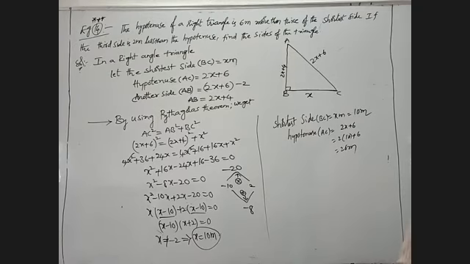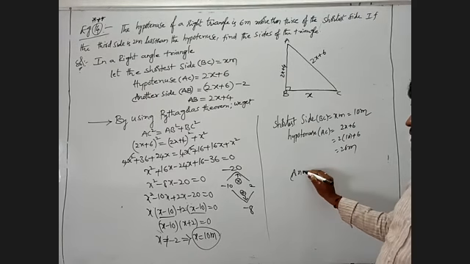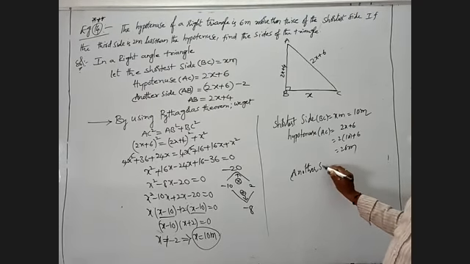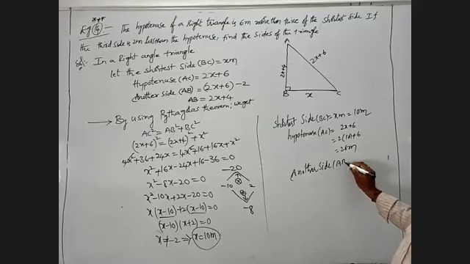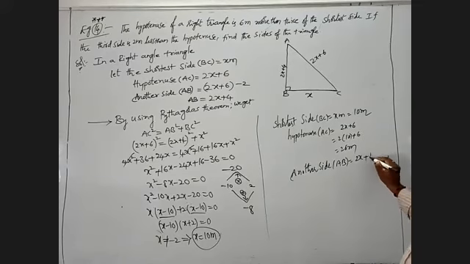Next, we have to find the other side. The other side of the right angle triangle, AB, is equal to 2x plus 4. 2 into 10 plus 4 is 24 meters.